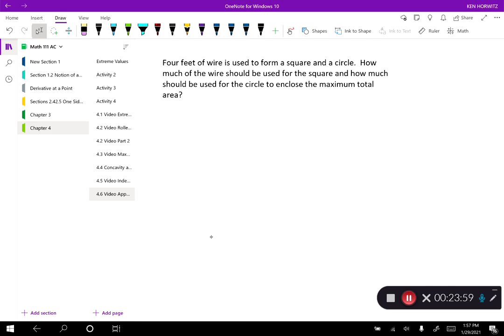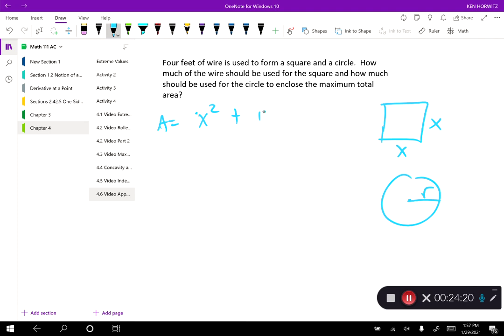All right, so we need to start with area equations. I've got A equals, the area of the square is just going to be x squared, x and x, and the area of the circle is going to be pi r squared.